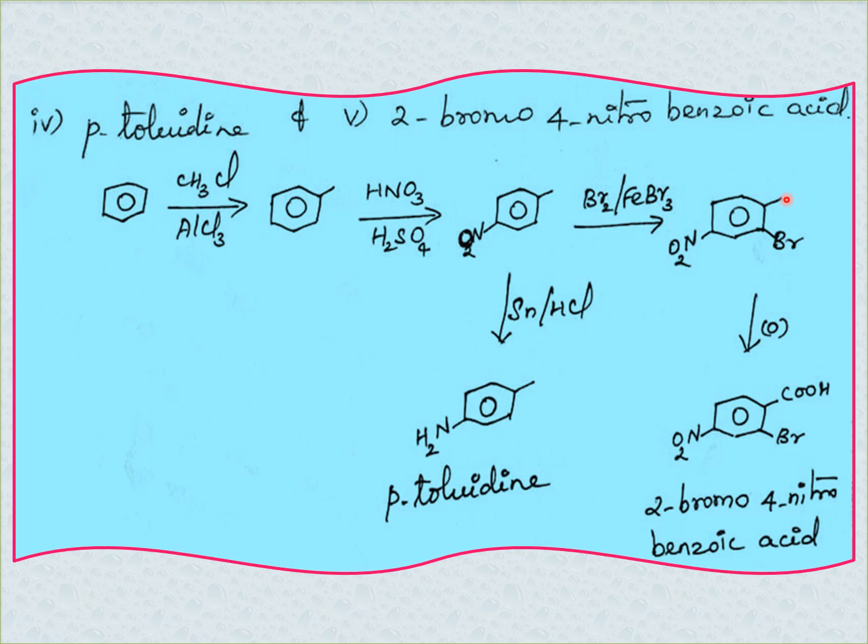So ortho to the methyl position, a bromonium ion gets substituted, followed by side chain oxidation. Whatever the alkyl group in the side chain of the benzene ring, on oxidation it gives an acid as the functional group. So at last we obtained 2-bromo-4-nitrobenzoic acid from benzene.